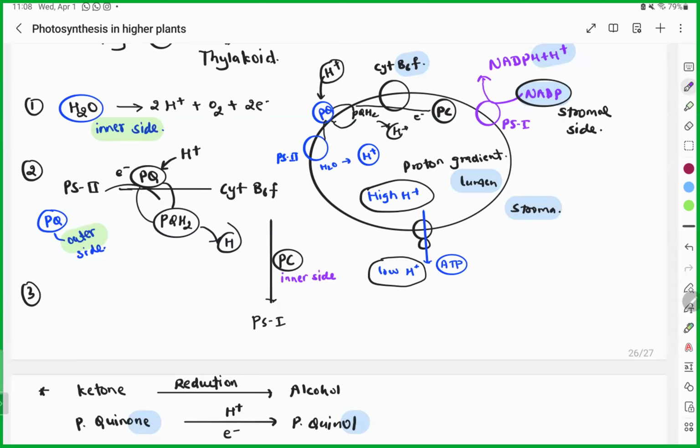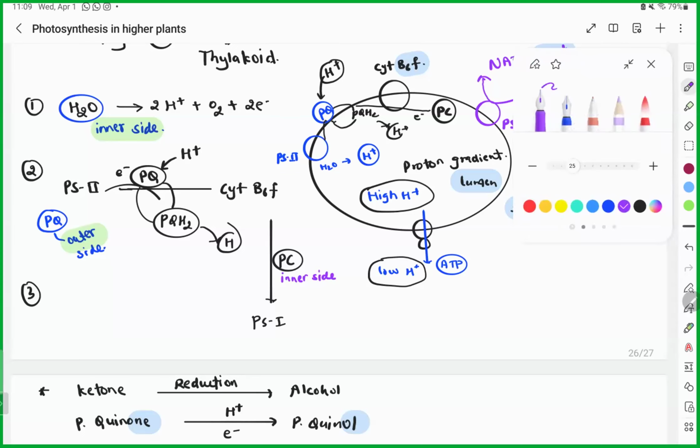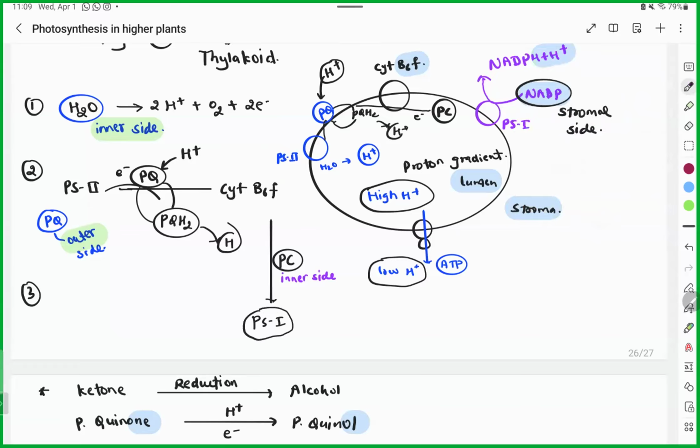And now Pratigya, tell me, in PS1, we have to accept hydrogen from the stroma. So should it be outer side or inner side? NADP reductase. Pratigya, is she there?